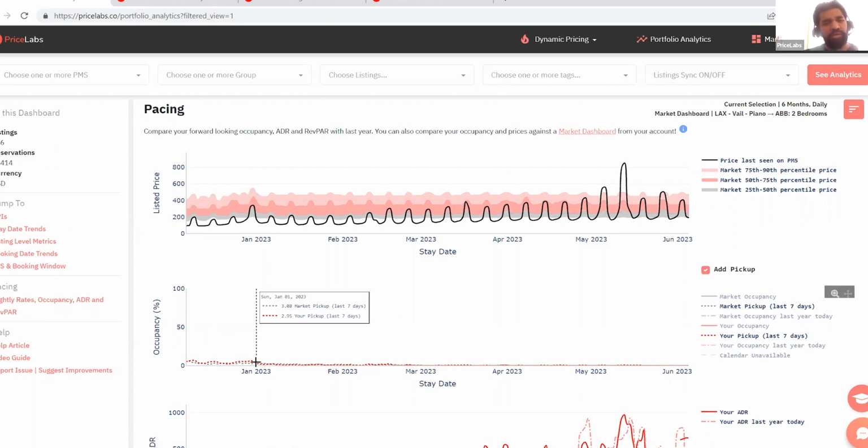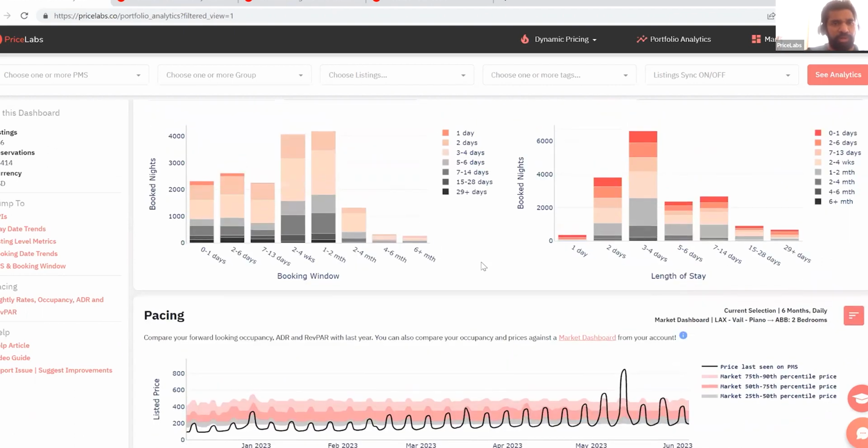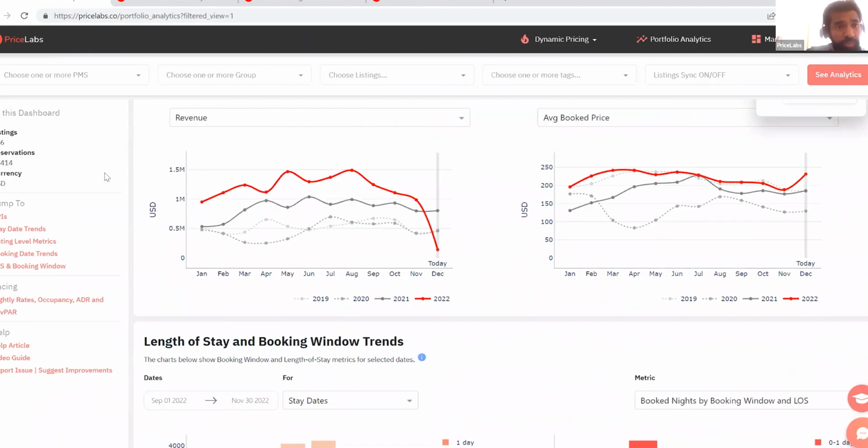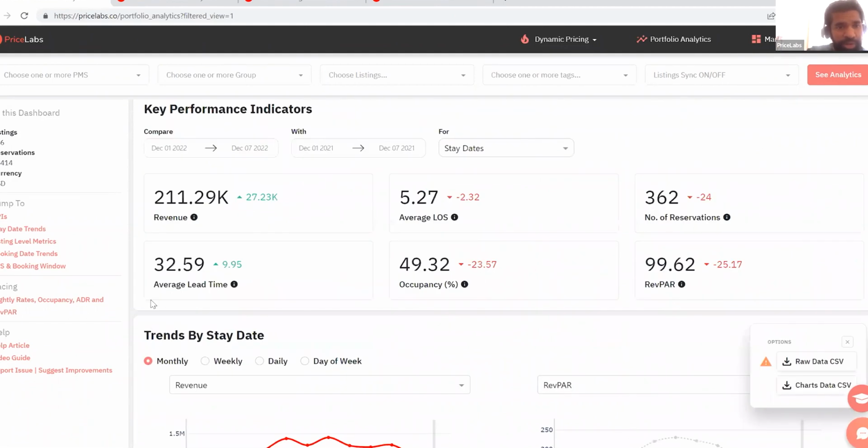Particularly, I don't worry about pickup, especially if we are 30 days, 60 days outside your booking window. And remember, you get your booking window by looking at these graphs, right? While it's hard to come up with an average number here quickly, you can see what the trends are. And so in this, I would generally say your booking window, just by looking at it, is maybe somewhere between 14 days to slightly higher than 14 days. And you can get a real number by looking at it here, which here is called lead time.